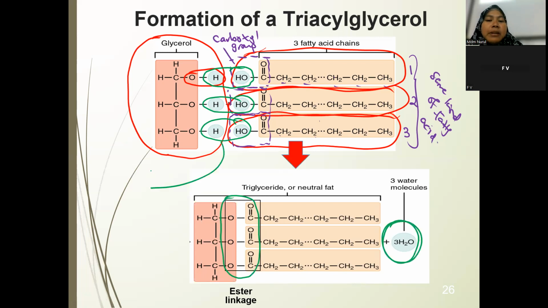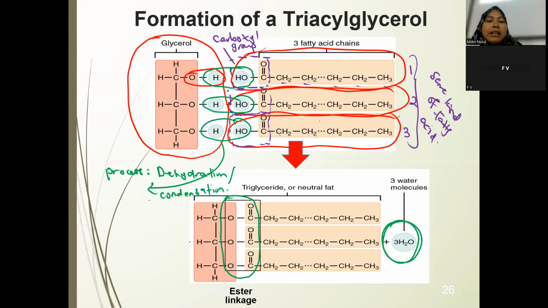Proses ni nama apa? Proses buang air? Apa dia? Condensation or hydrolysis tambah air. Ni kita buang. Dehydration. Dehydration or condensation. Okay. Alright.